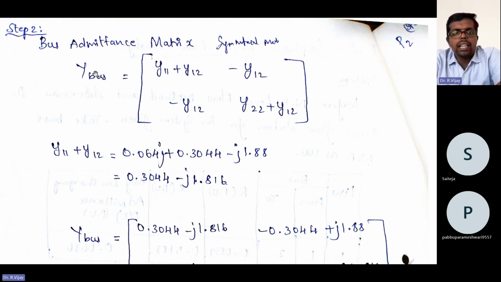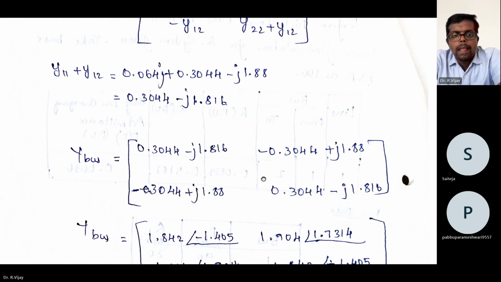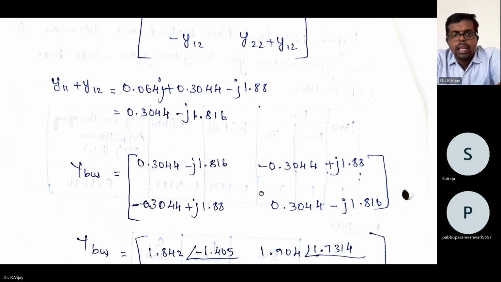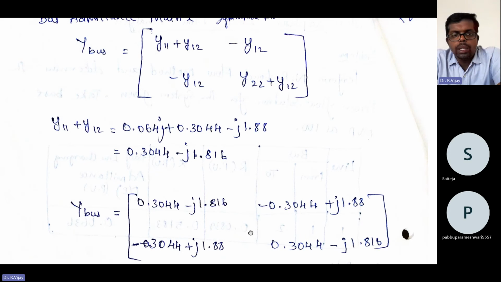Next step, after that, we frame the bus admittance matrix, that is Y11, Y12, here minus Y12, here also minus Y12. Substituting here, in bus number 1, it is Y11 plus Y12.